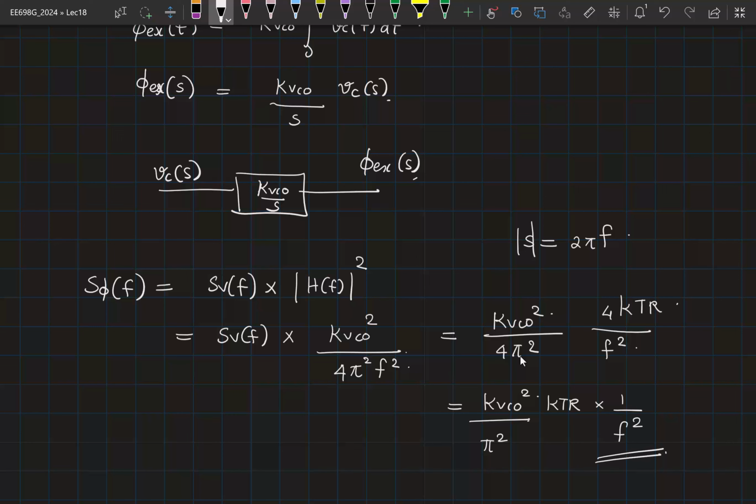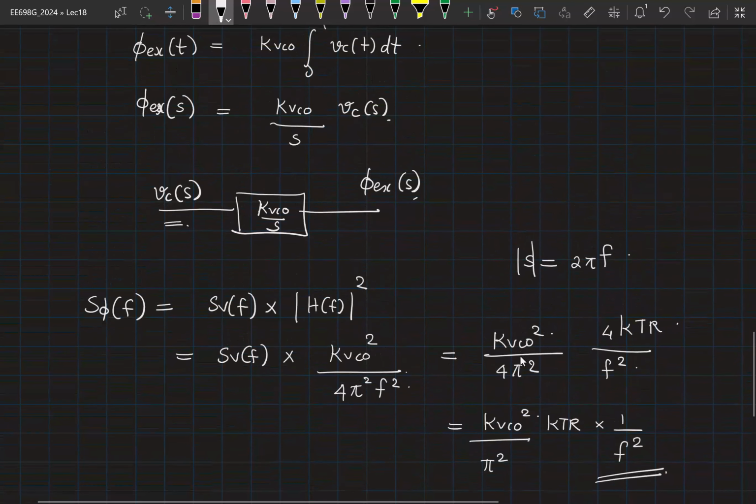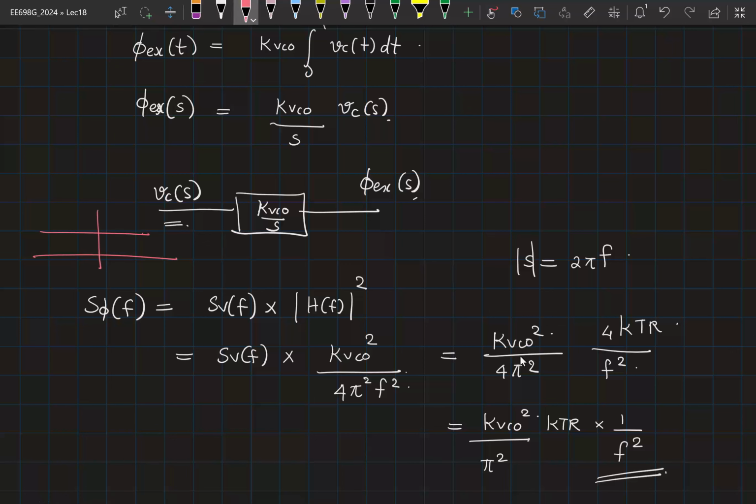So you had a white noise PSD at the input and you are getting a 1 by f square PSD at the output. At the input, the PSD was flat, it was white noise. How does S phi of f look now?